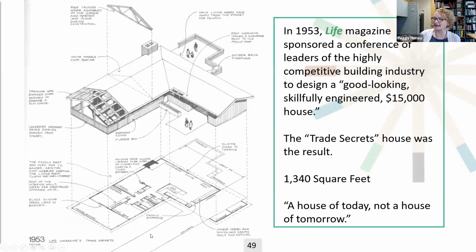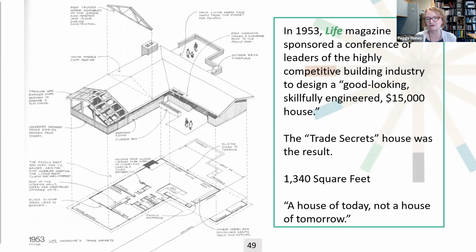This is really interesting. I don't know if you can see the detail here, but in 1953, Life magazine gathered together some of the best contractors in the nation and had them design a good-looking, skillfully engineered $15,000 house. This house was called the Trade Secrets House because it applied assembly line techniques that had been held secret for years.